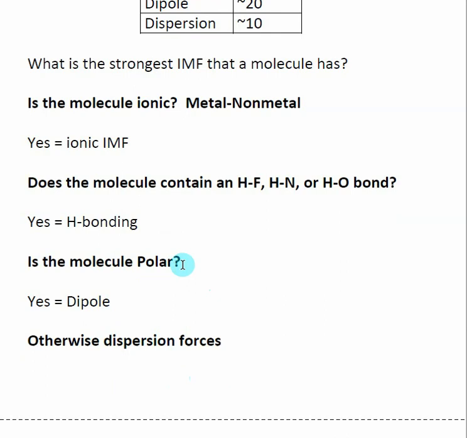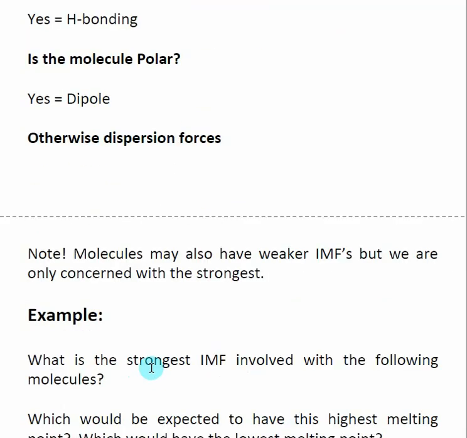If the answer is yes, then the molecule has a dipole intermolecular force. If the answer is no, you always have a dispersion intermolecular force. So I ask these three questions, and if the answer is no on all three, what we have left over is a dispersion intermolecular force.